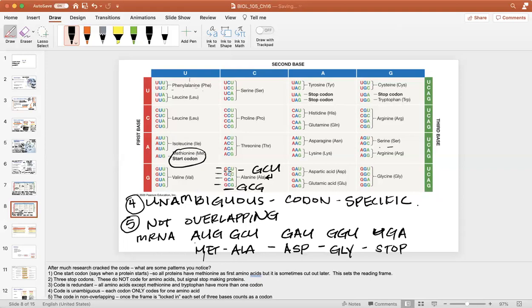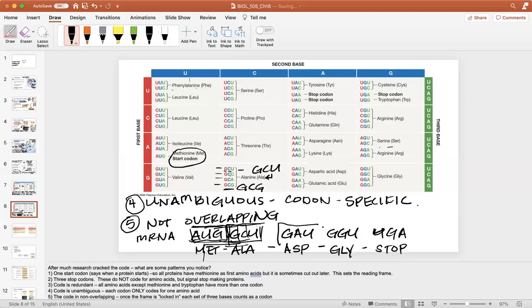Now, what I mean by non-overlapping is we go AUG, then we move on to the next 3 in the sequence, GCU. So what we don't do is we don't go AUG and then go UGG and then go GG. You see what I'm saying? The code is non-overlapping. We take a chunk of 3 and then we take the next chunk of 3 and we don't do any sort of sliding down here.